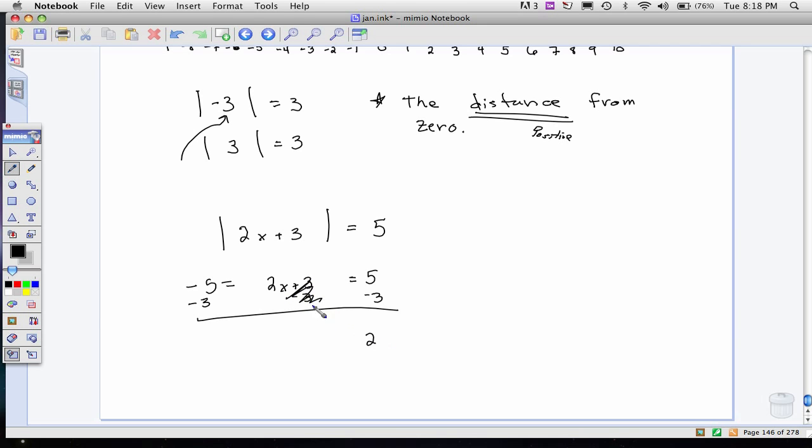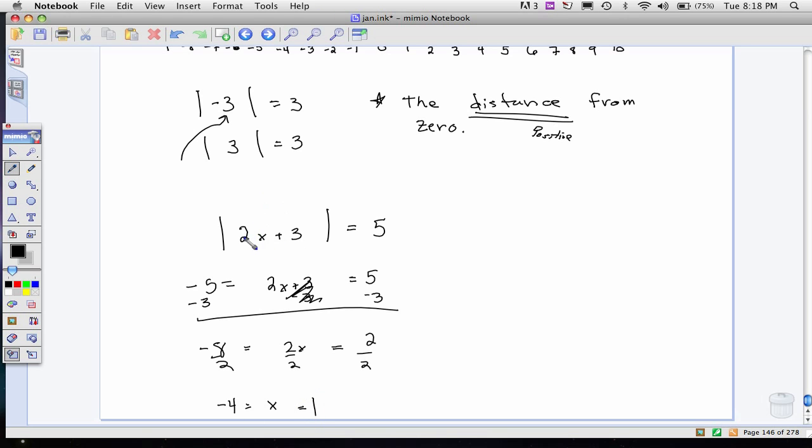Now, 5 minus 3 is 2. Those cancel. -5 minus 3 is -8, equals 2x. Divide each side by 2. You have -4 equals x equals 2 divided by 2, which is 1.